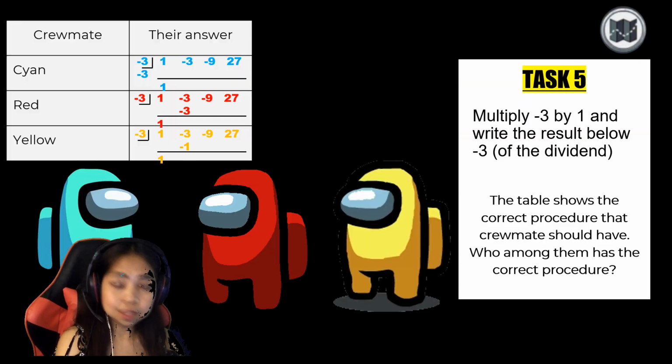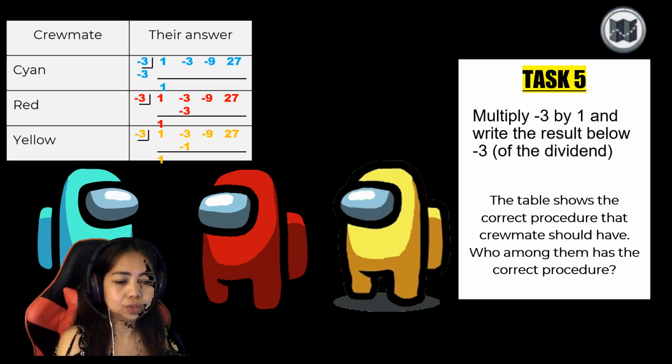So, in task 5 also, we have to multiply negative 3 by 1 and write the result below the negative 3 of the dividend. Kasi dalawa, di ba? Negative 3 yun. The table shows the correct procedure that the crewmate should have. Who among them has the correct procedure? So, isolve muna natin.